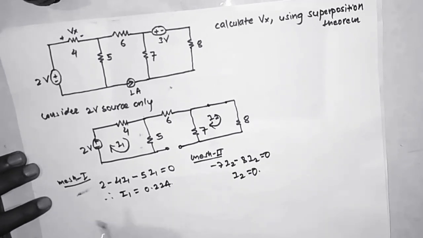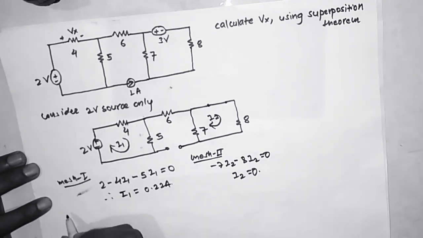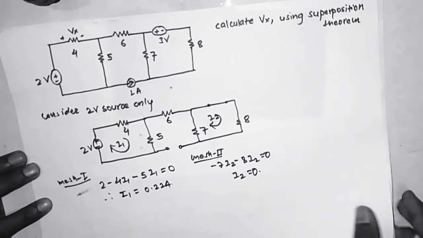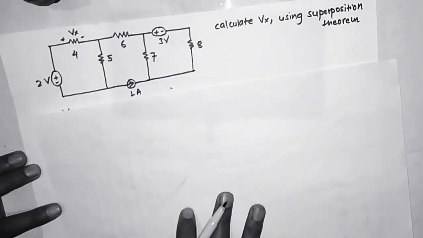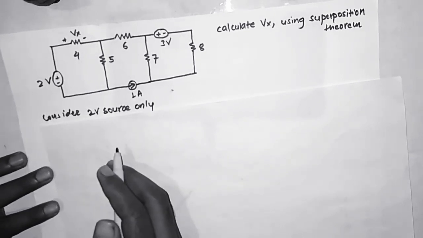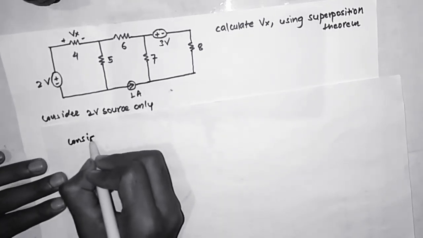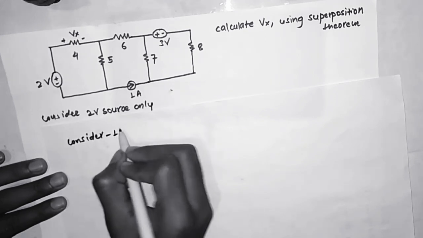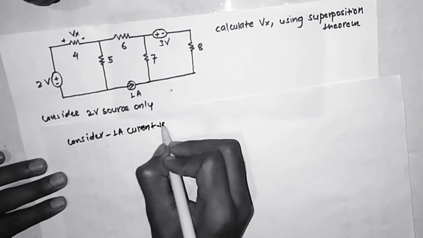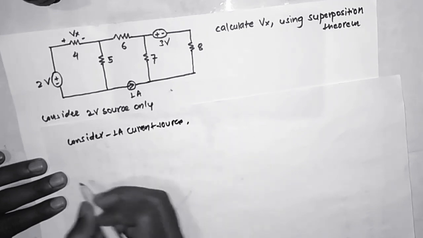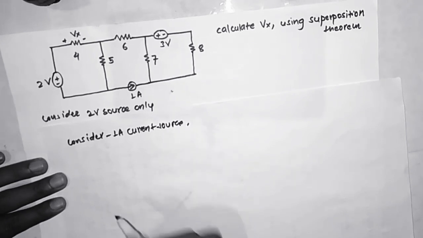Now let us consider this 1 ampere current source. Right now the 2 volt and 3 volt sources will be short circuited.